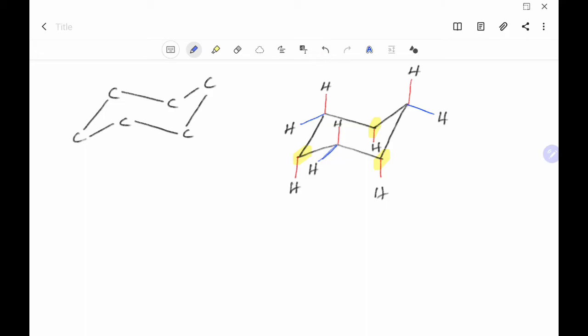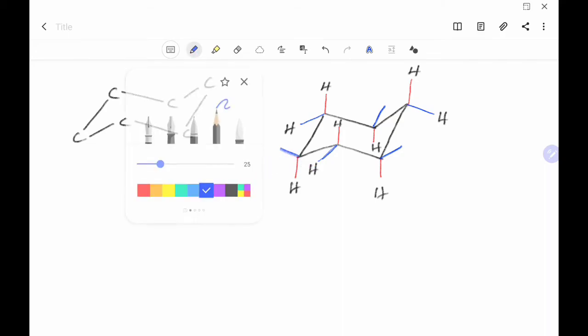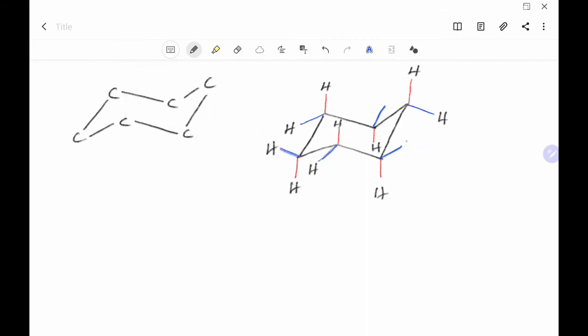Going up and going up and going up. So that is how you do it. That's hydrogen, hydrogen, hydrogen.